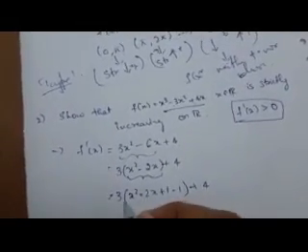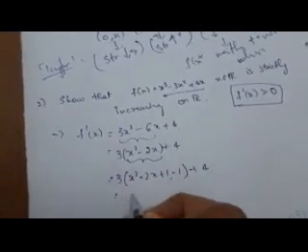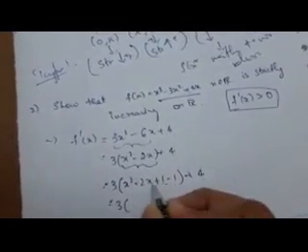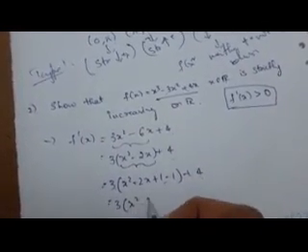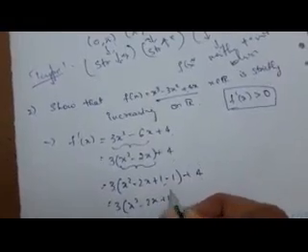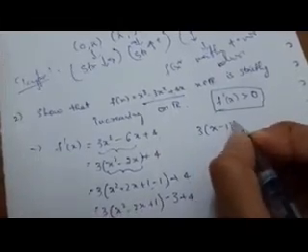Since plus 1 is added within the bracket, the 3 is also multiplied here. If I take this minus 1 outside the bracket, it becomes minus 3 plus 4. So we have 3 into x minus 1 whole square plus 1.